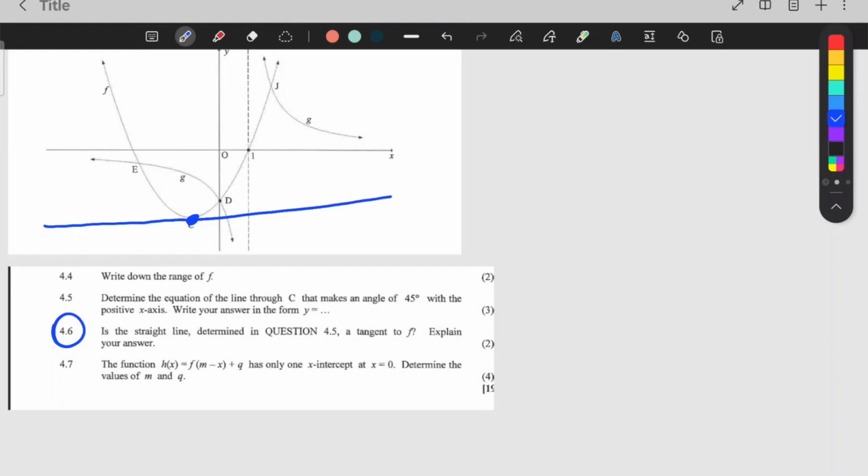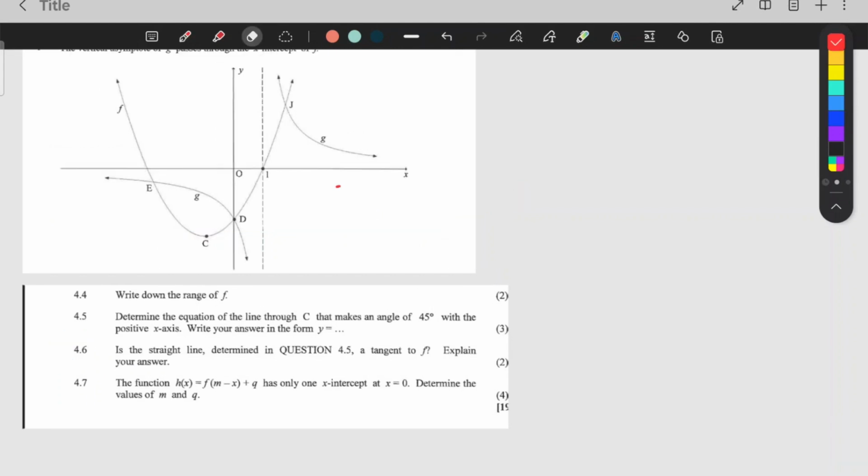So let's make the line straight, like that. Because this is the turning point, and at the turning point, the gradient is 0. And the gradient of this line was not 0. The gradient of that line was 1.